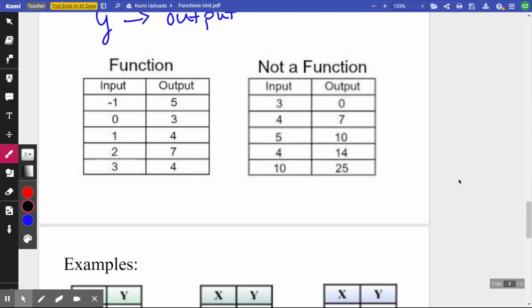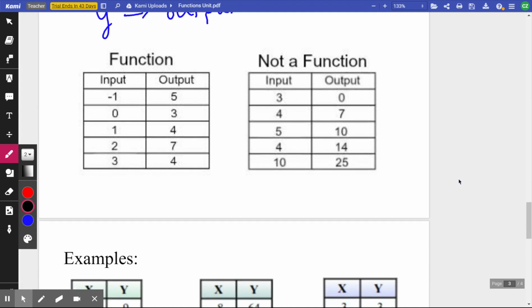So here we have an example of a function and one that is not a function. This one simply, you can tell it's a function because all of our inputs are different. Okay, so if all of your inputs are different, this column really doesn't matter. As long as all of your inputs are different, it is a function.